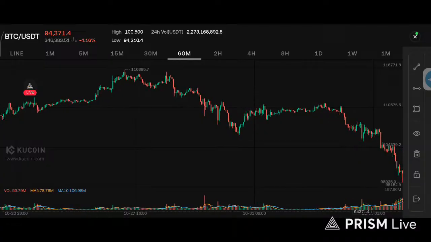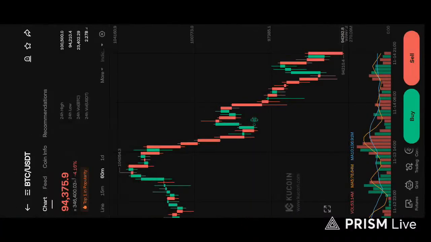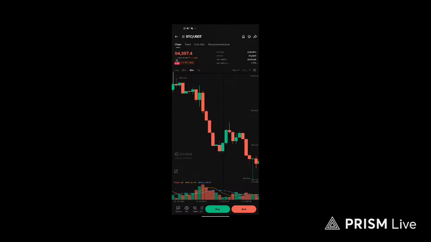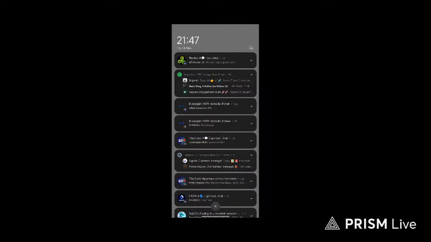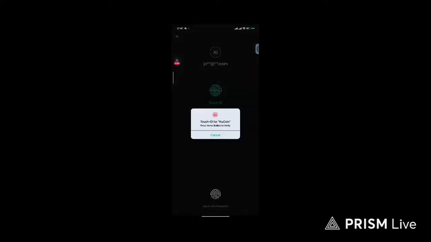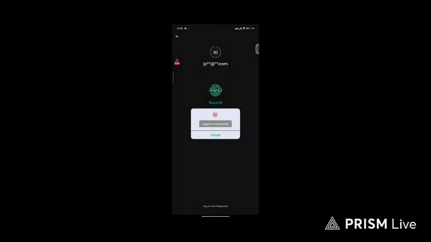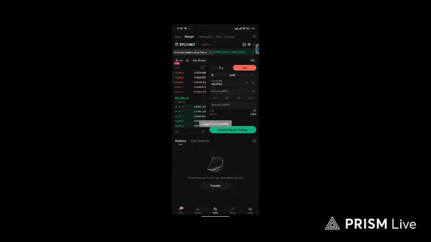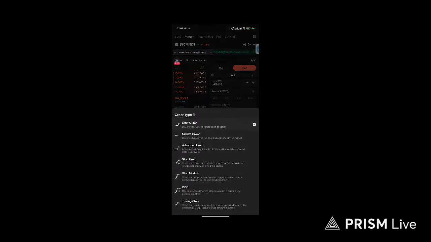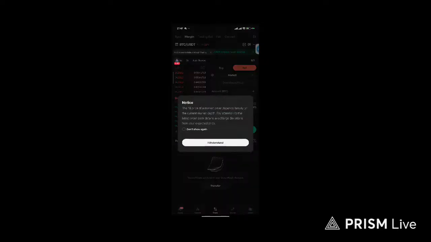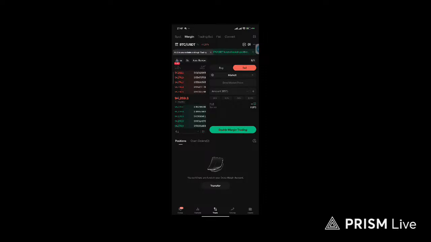This is how it is. So what you do right now is to go to your sell position you are trading after funding your wallet, right? After funding your wallet, you click sell, current market price, you change it to market order.